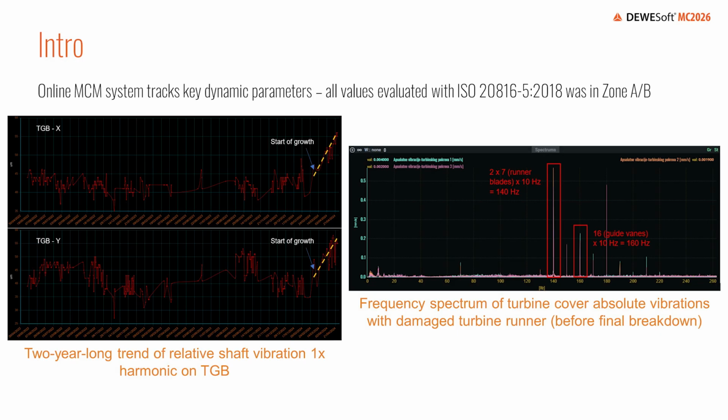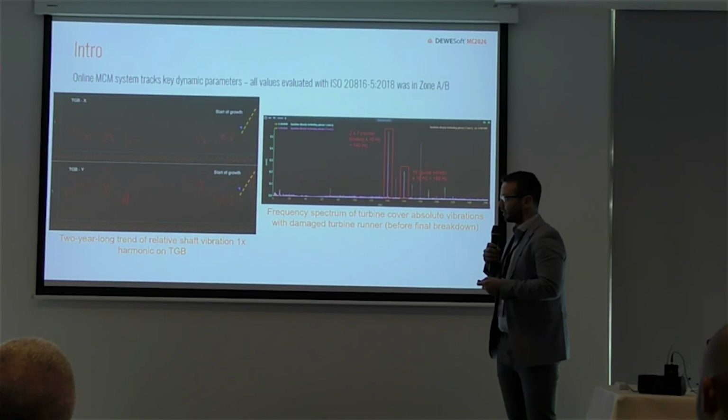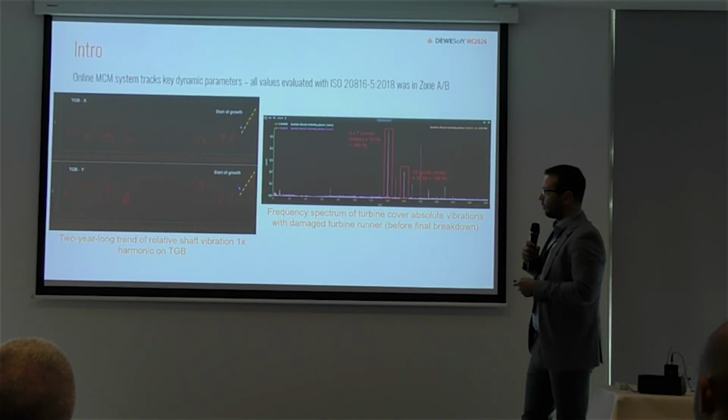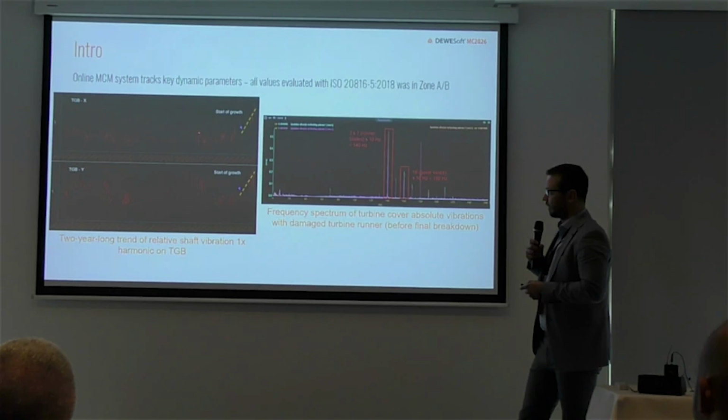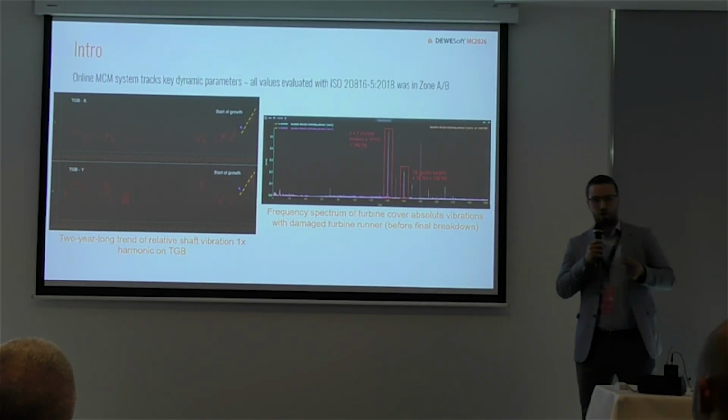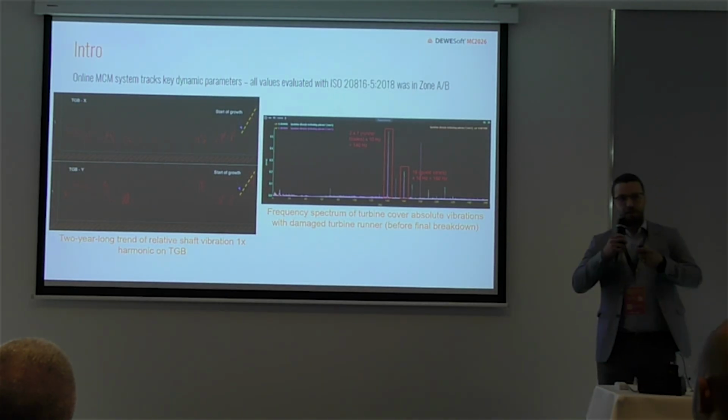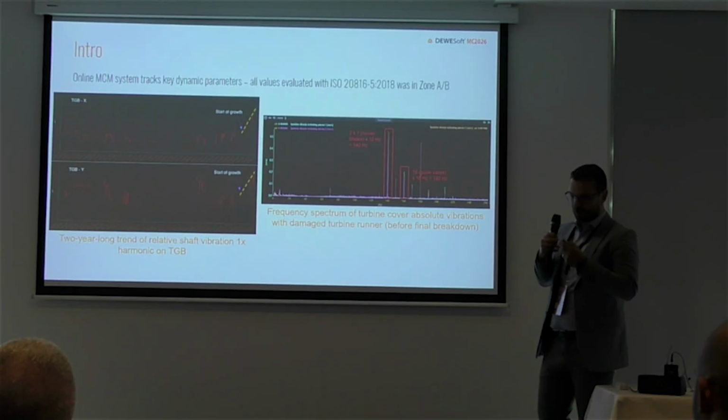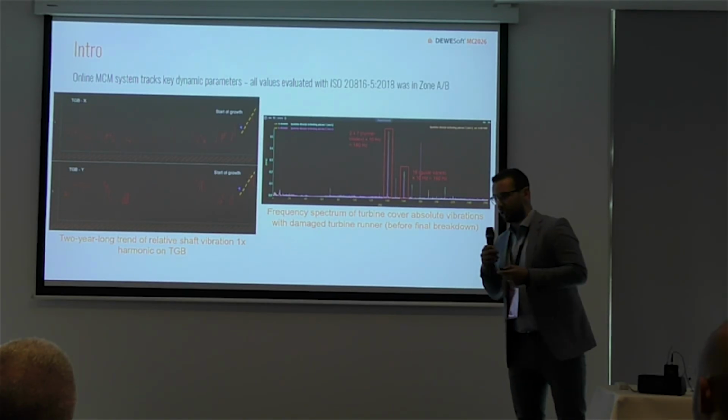Even though the damage happened, when we looked at the data afterwards, there was a certain start of growth of the turbine guide bearing relative vibrations, but the values were still really, really low. It was in zone AB, so the plant personnel called us: okay, something's happening, let's analyze that.